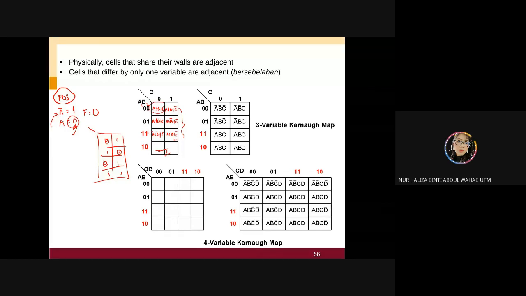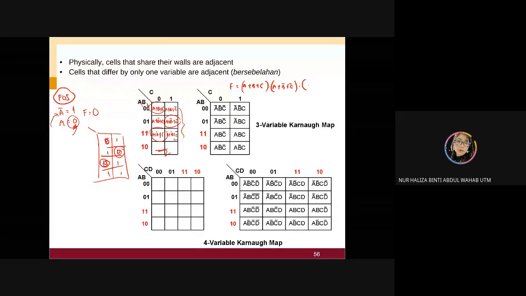This one, F equal to A plus B plus C, multiplied with the next. Here is a 0: A plus B bar plus C bar. And the last one, our 0 is here. It will be A bar plus B bar plus C.